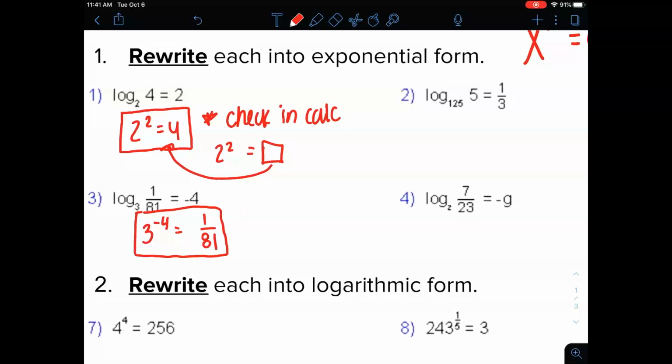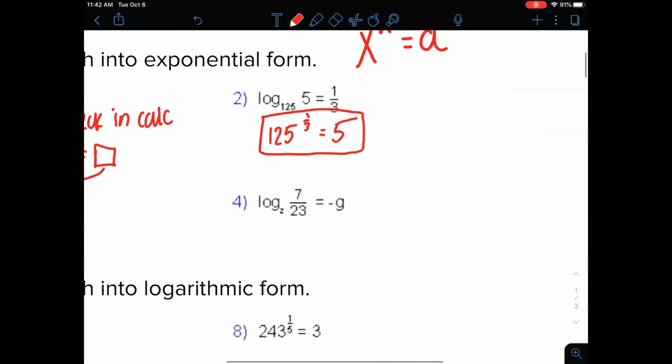If I look at number 2 here, I have log base 125 of 5 is equal to 1/3. So again, I have my base value raised to the power of my answer, and then my argument goes there to change forms. Since I asked for it in exponential form, we are done. But we know that 125 to the 1/3 is actually a radical.